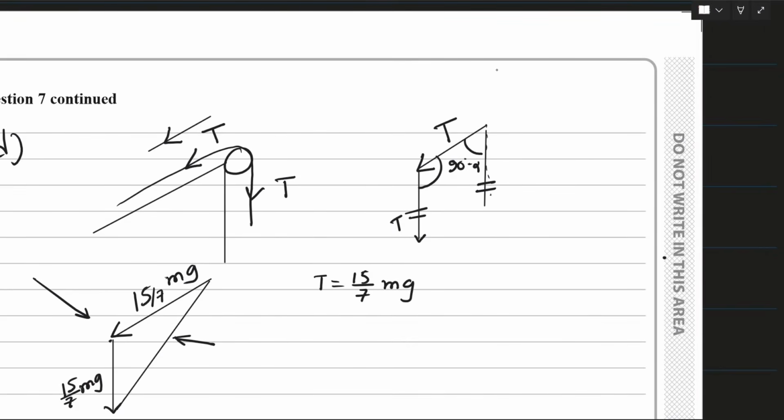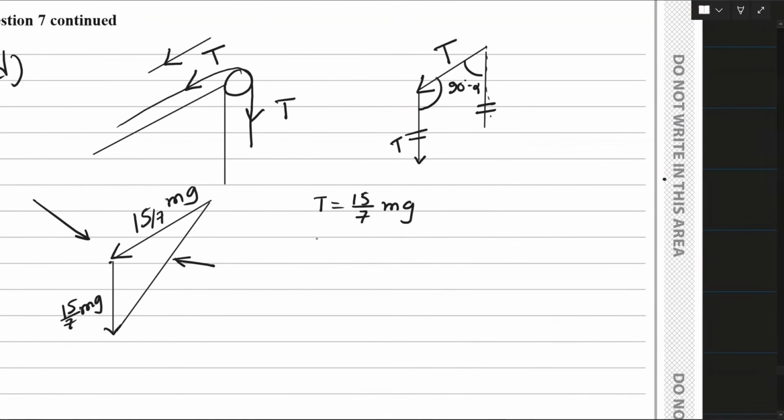As these two lines are parallel, this angle and this angle would be allied angles. So the required angle, the angle between the two forces, would be equal to 180 minus 90 minus alpha. We see that these two angles are allied angles.